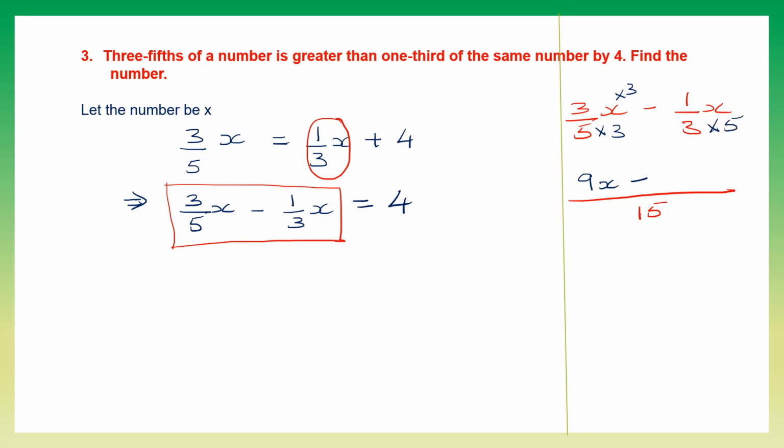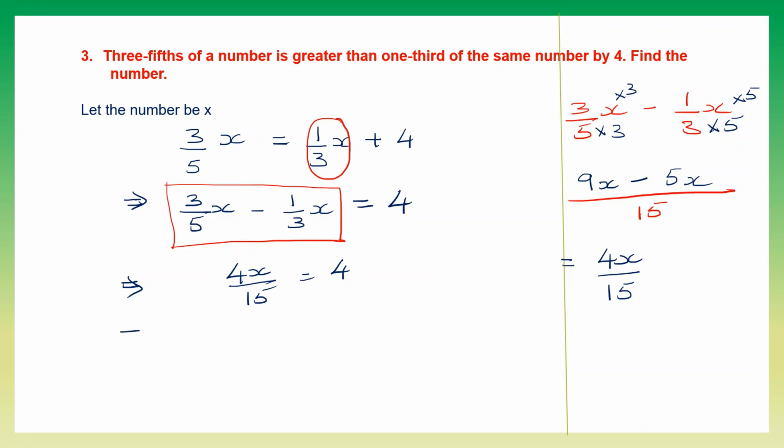So I need to multiply 1x into 5. So 1x into 5 will be 5x. So this will be 9x minus 5x, that is 9 minus 5 is 4, 4x by 15. So let's write it down there. So now this is 4x by 15 is equal to 4.